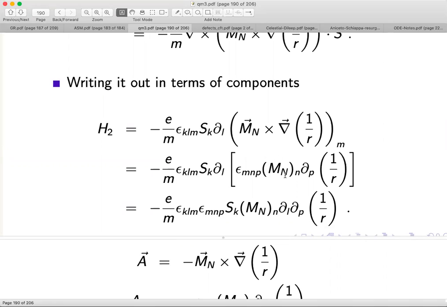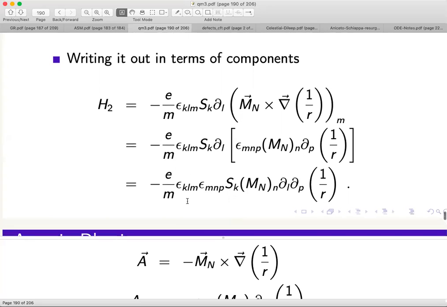This derivative is not going to act on mn because mn is written in terms of nuclear variables, whereas this derivative is the electronic derivative. So it just goes in and hits 1 over r. So what you get is a term like this: epsilon k L m, epsilon m n p, s k, mn n, and del L del p acting on 1 over r. Are you with me on this?